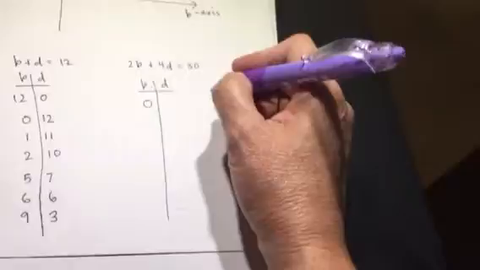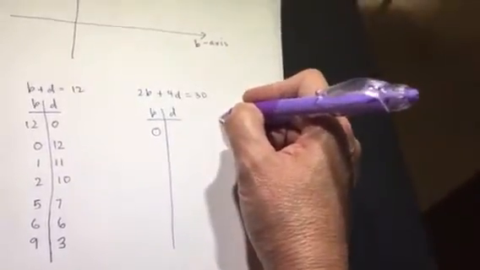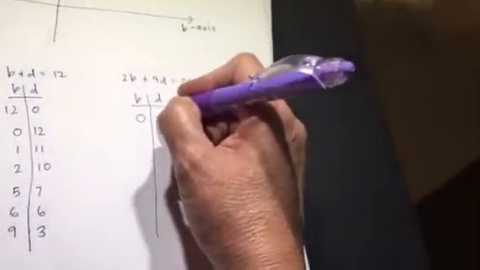How many dogs are there? 7 point something. Well, I got 7.5. 7.5 dogs. Okay, that doesn't make sense, but it is a point that I want to put on the graph, or maybe I'll put it on the graph.